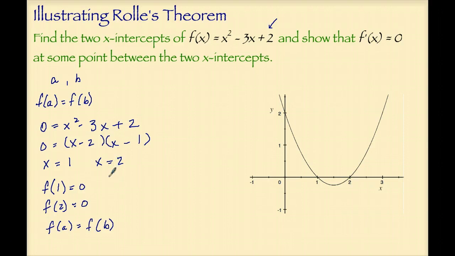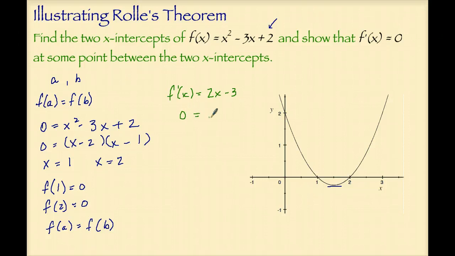All right, now let's try to find the value between 1 and 2 where the slope is 0. We're guaranteed that there is at least one place. Even if we didn't see it, we would know it was there. We'll need to take the first derivative to find it. f prime of x is equal to 2x minus 3. And so we're wondering, where is there a slope of 0?